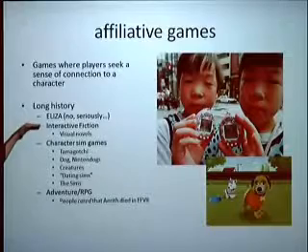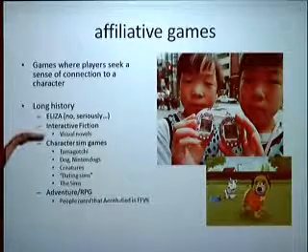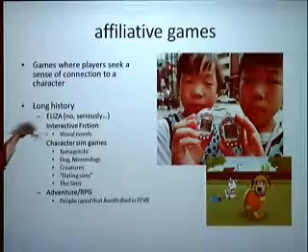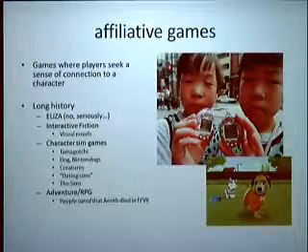But there's also interactive fiction, visual novels. How many people know what visual novels are? So they're a kind of interactive fiction that's very popular in Japan, which is basically static graphics with text.